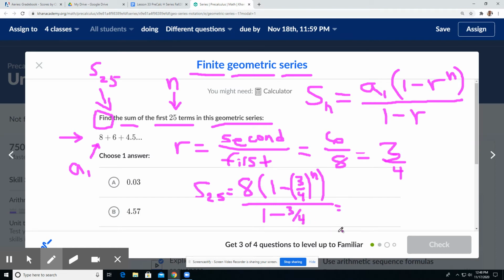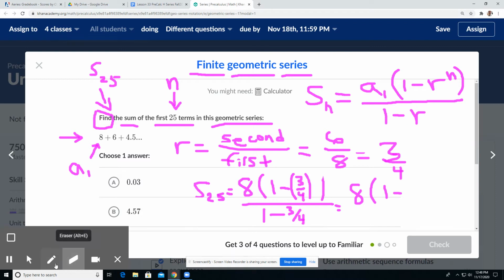Okay, got to do some simplifying here. 8 times 1 minus 3/4 to the, oh, that's not an n, that's a 25. So 1 minus 3/4 to the 25th power.